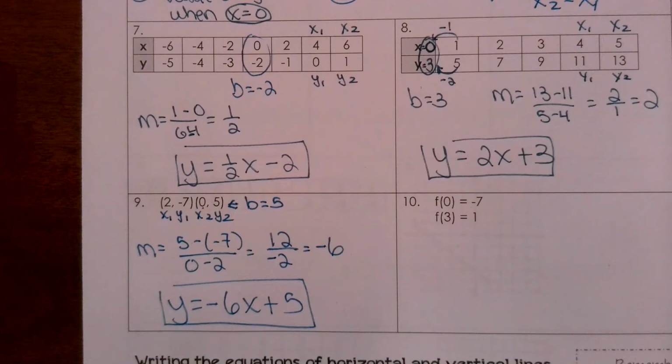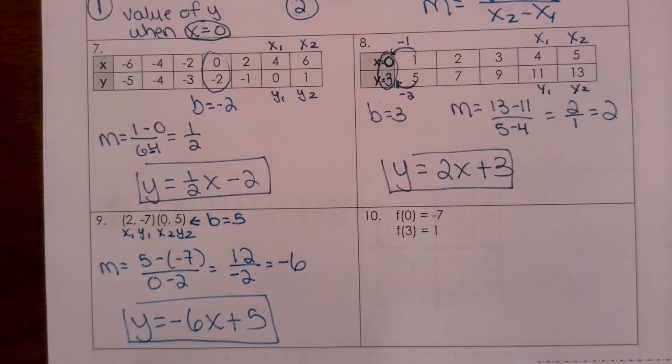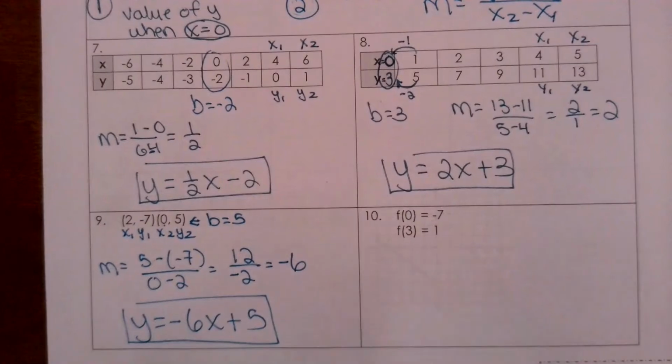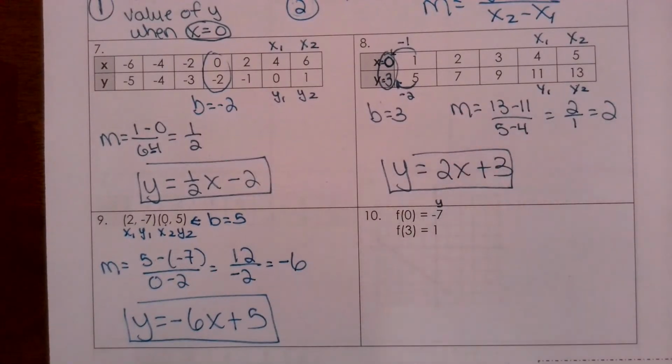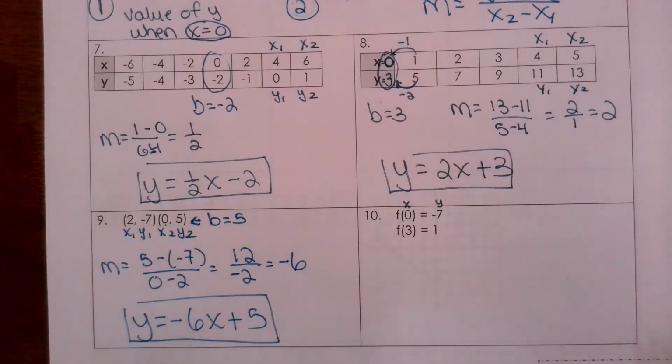Now these next 2 points are written in functional notation. Well, I know functional notation is just an ordered pair. This whole symbol means y equals. So y equals -7, and right in here is my x. Normally it says f of x. Well, f of x is 0.